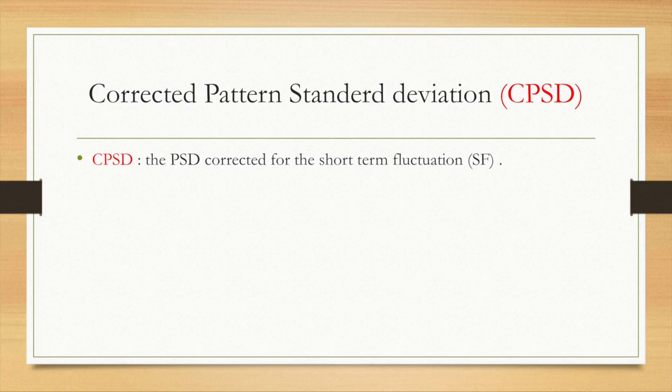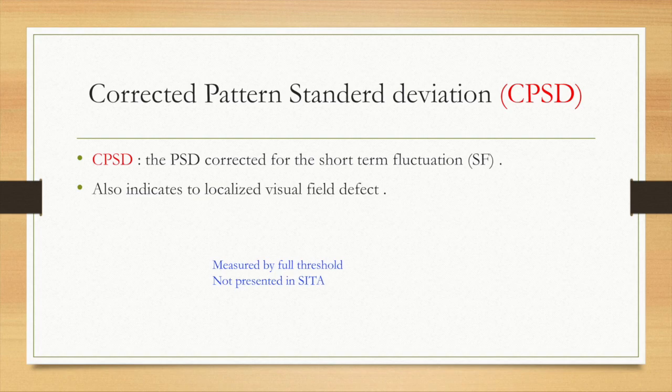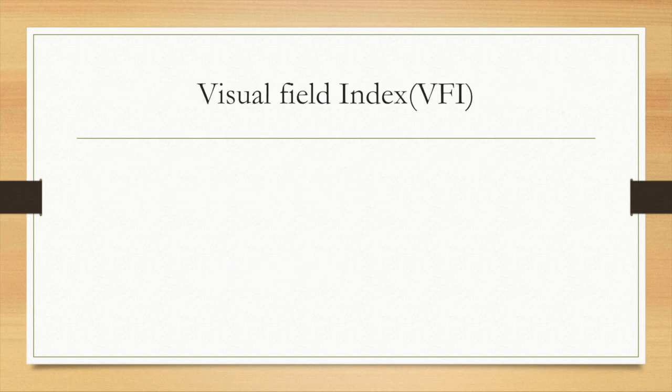That means the value of the pattern standard deviation is deducted by the short-term fluctuation, and it also indicates a localized visual field defect, and also doesn't appear in the theta strategy, and it is presented in the old strategy, the full threshold.